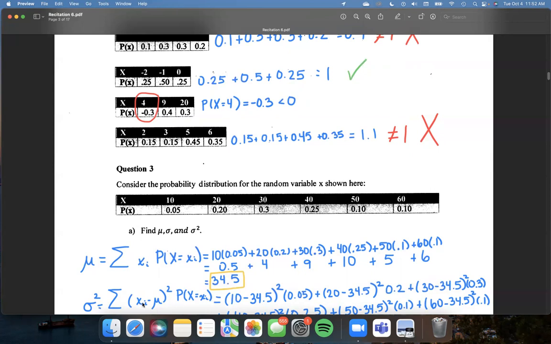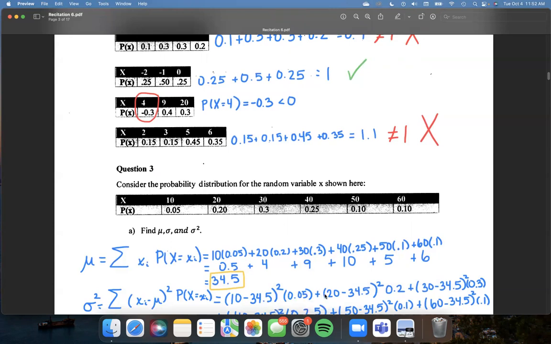So let's say for i equals 1, we have our x1 be 10. So we're going to have 10 minus mu, which is 34.5, squared, and then times the probability that x equals 10, which is 0.05. And then we're going to do that for every single x.